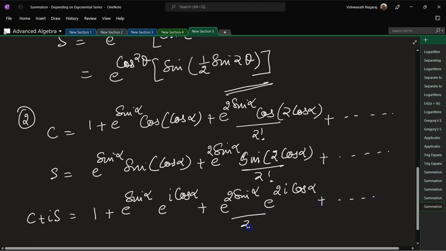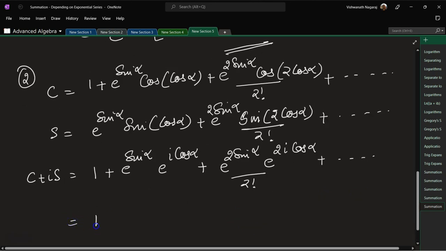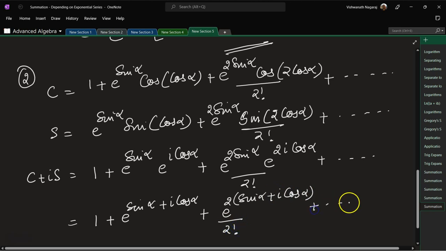And here we have a 2 factorial. Okay, now we can write this as 1 plus e to the power of sine alpha plus i cos alpha plus e to the power of 2 is common, so 2 times sine alpha plus i cos alpha by 2 factorial plus on and on and on.